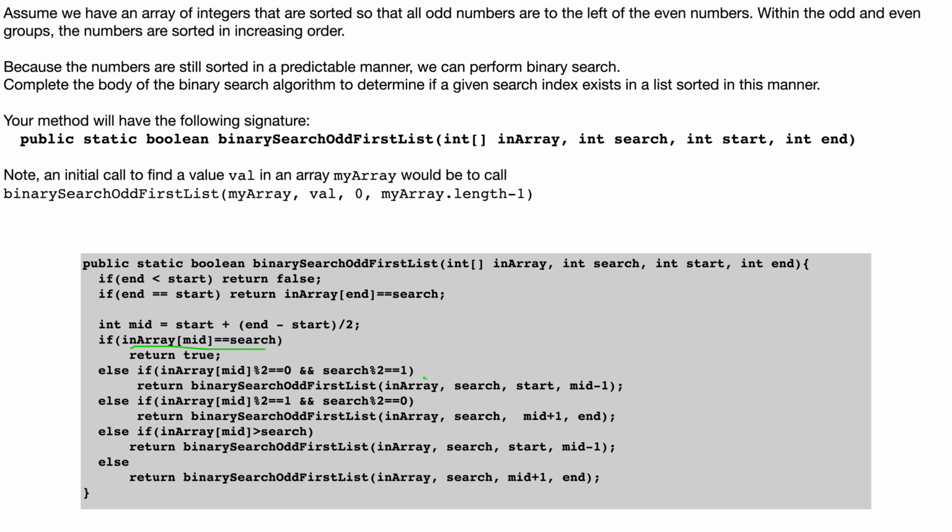So if we look at this, the only thing that's different from standard binary search are these 4 lines. Right? So remember, we started with something we knew how to do, and we extended it to this weird sorting that we have.